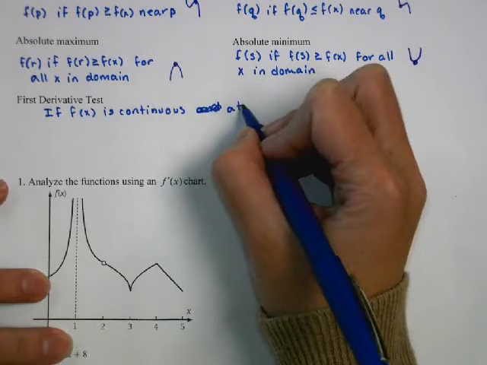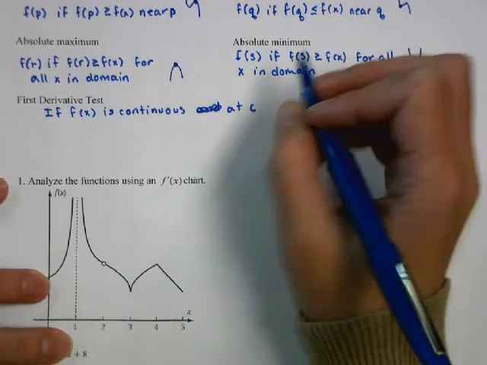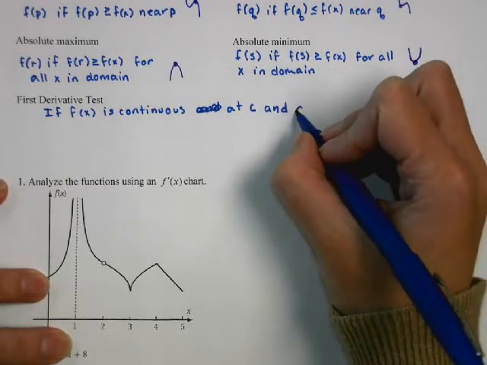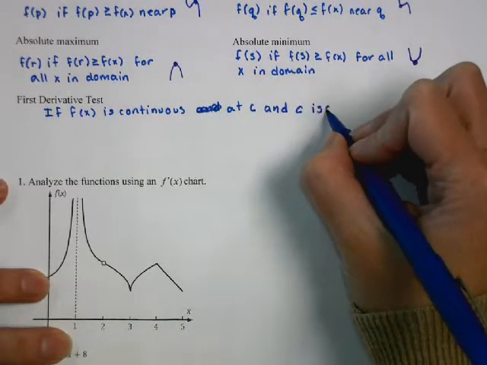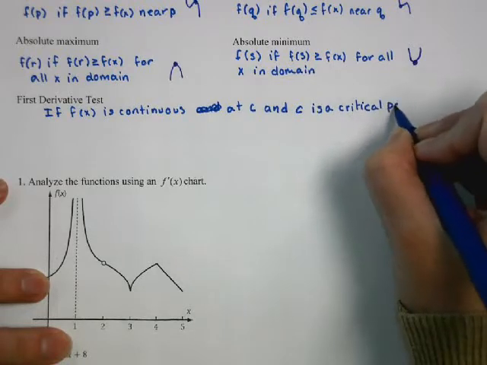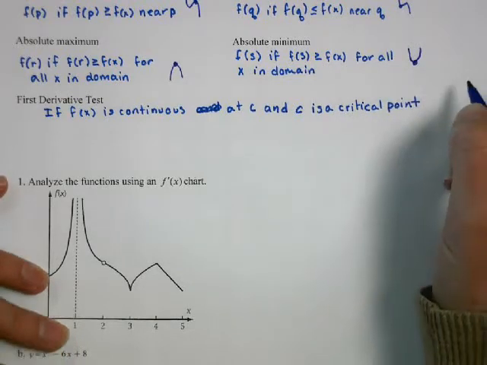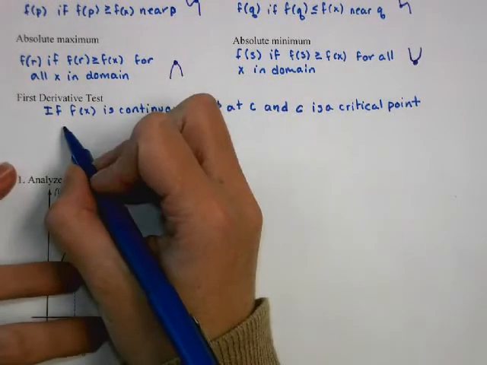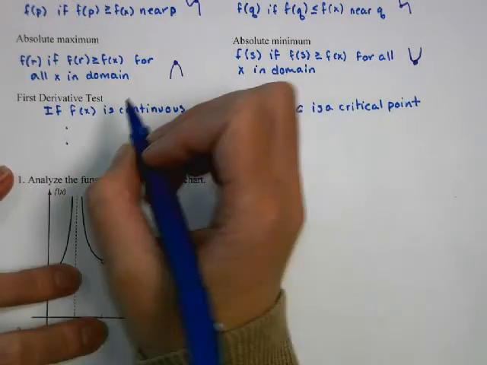So if it's continuous at c, and c is going to be our value we're interested in, and c is a critical point, so the derivative is either 0 or undefined, there's two cases.